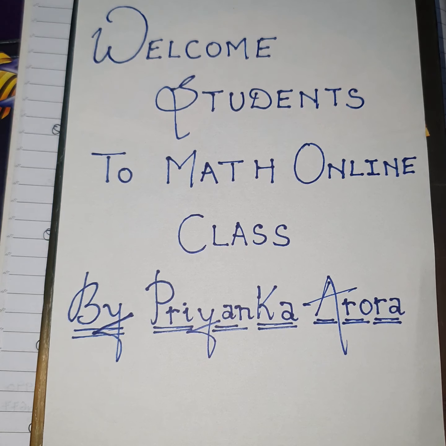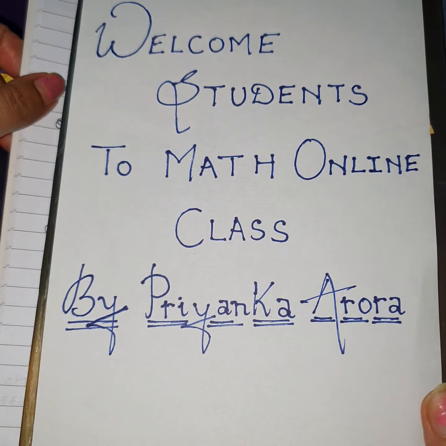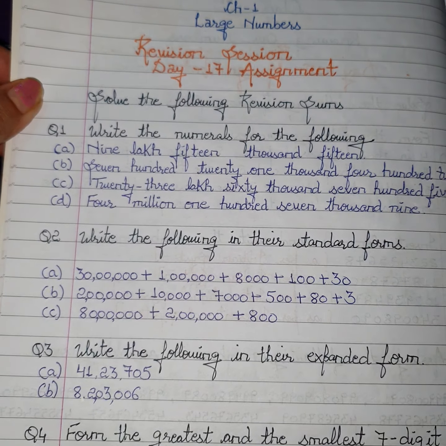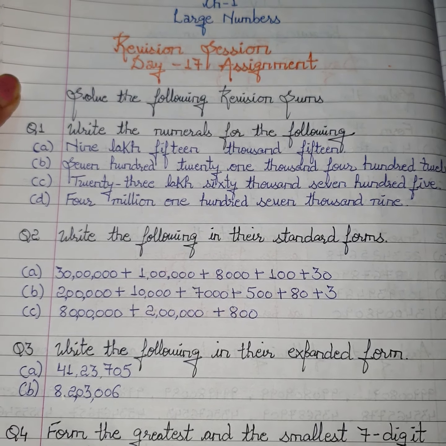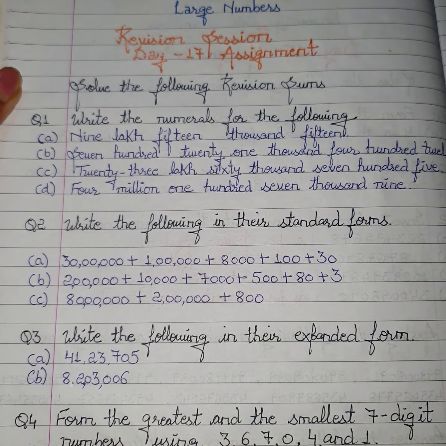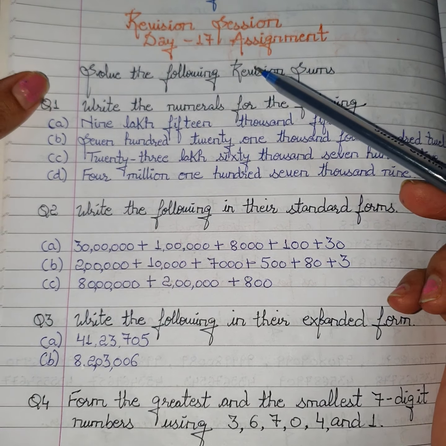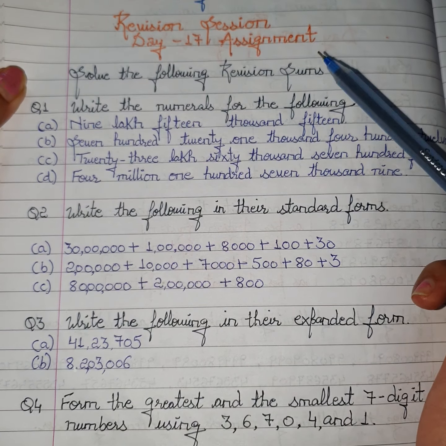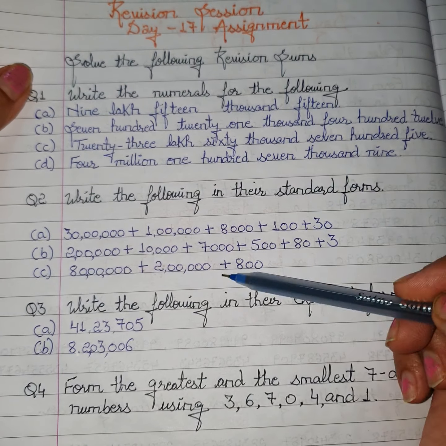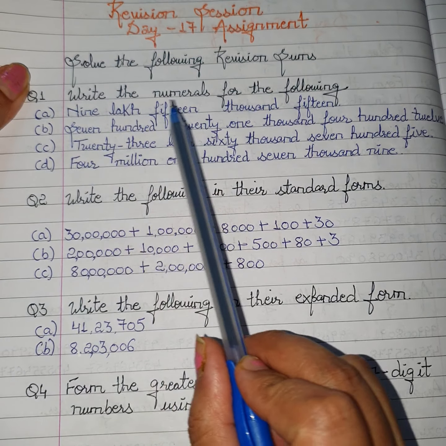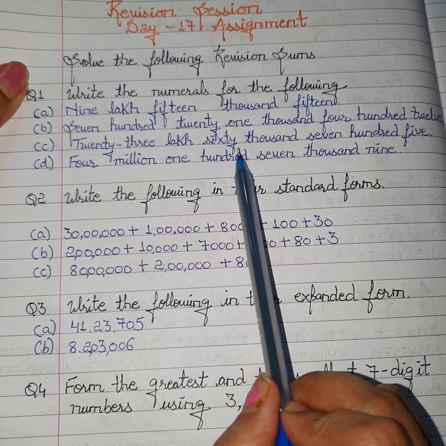So let's move on to today's topic. In my last lecture I gave you some revision sums related to your chapter number 1, and it was your day 17 assignment, in which I gave you 4 questions. First question, I gave you to write the numerals for the following.